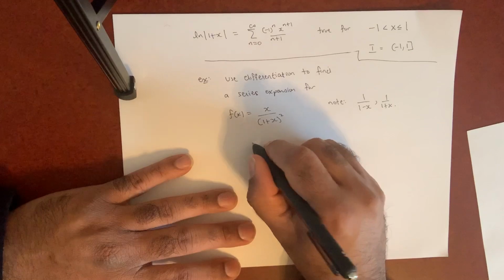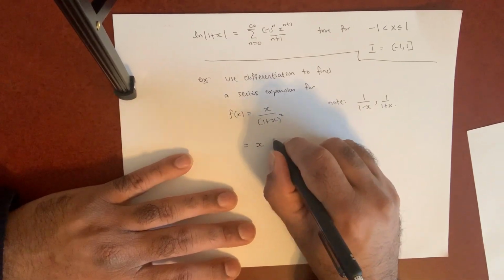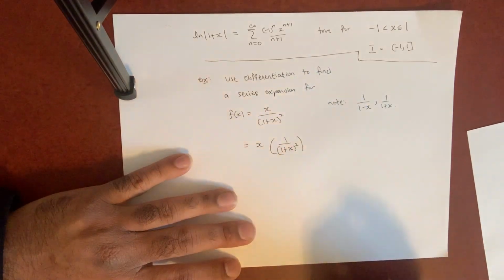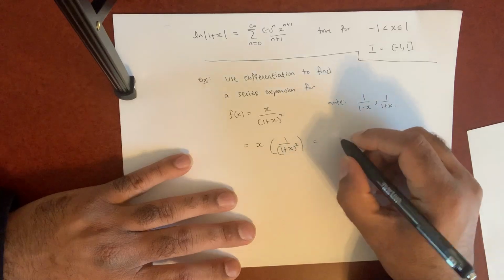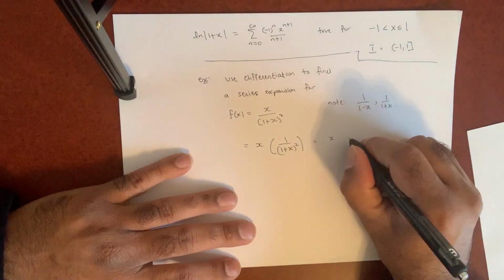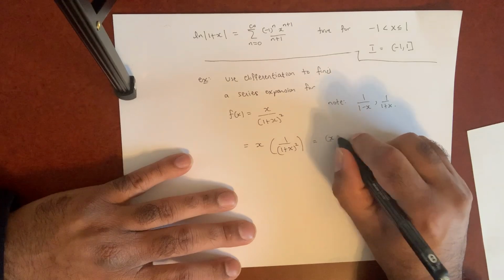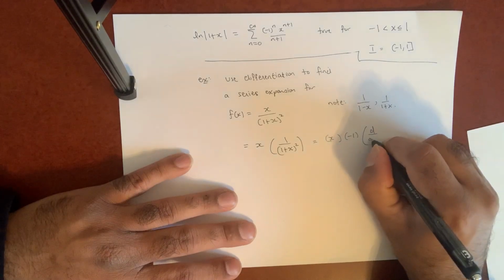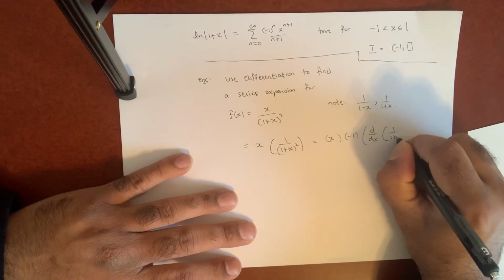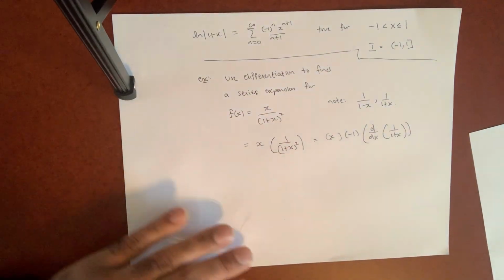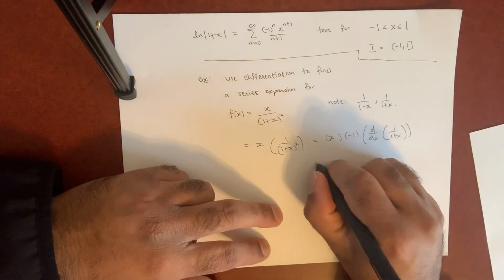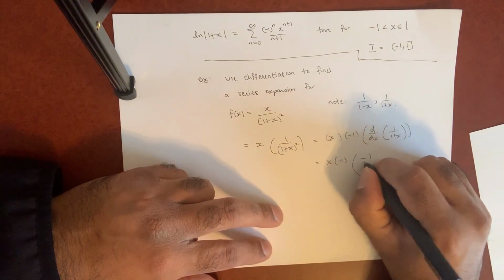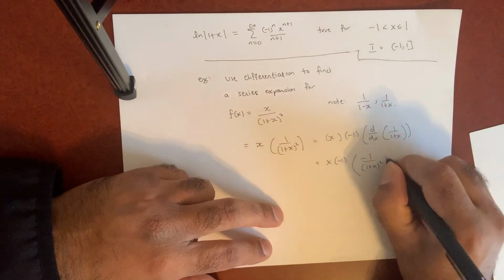So we note that this is equal to x times 1 over 1 plus x squared, which is x times the negative of the derivative of 1 over 1 plus x. Because the derivative of 1 over 1 plus x is negative 1 over quantity 1 plus x squared.